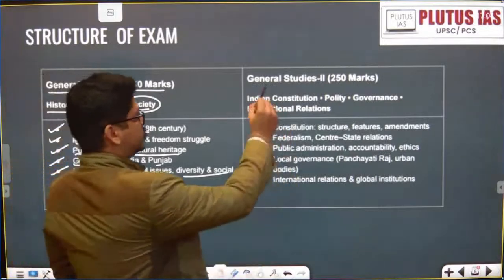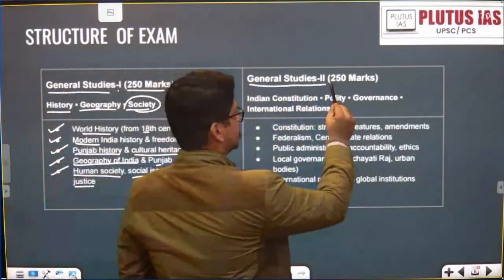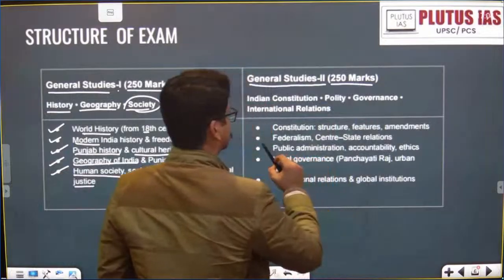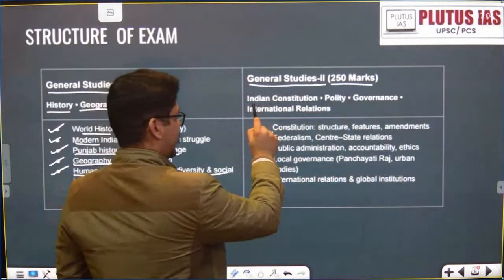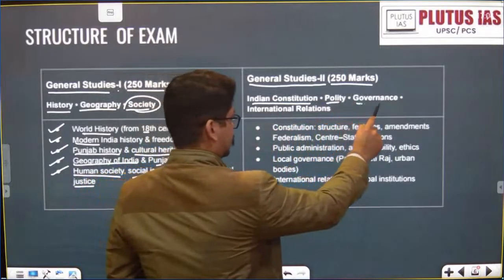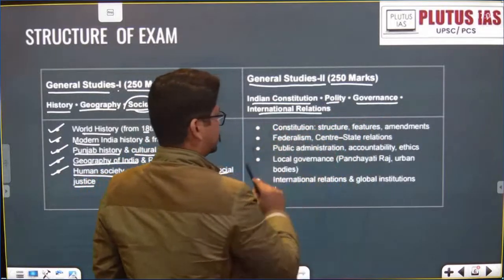Coming to GS2 in Punjab PCS, it is also of 250 marks. Similar to UPSC GS paper 2, it has the Indian constitution, polity, governance, and international relations.